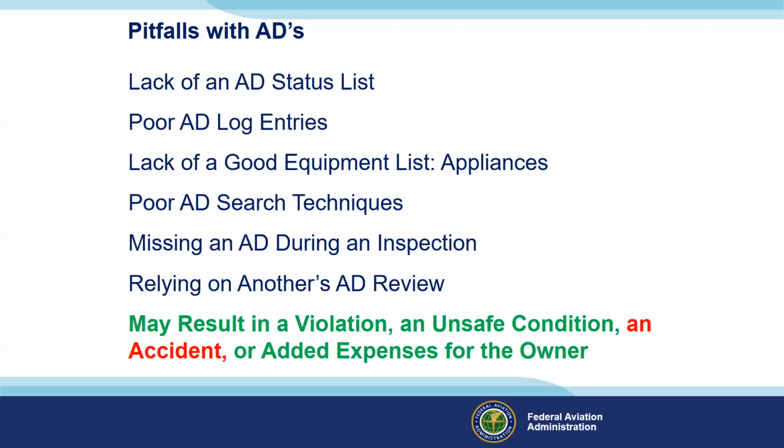And we saw that it can result in a violation, an unsafe condition, or an accident, or added expenses for the owner. On the one I was investigating, they couldn't show that these ADs were complied with in the engine, and that engine had to be taken apart to verify whether the AD was complied with or not.